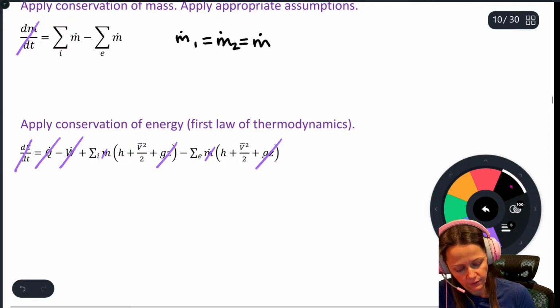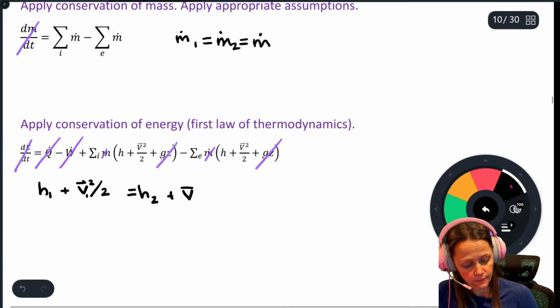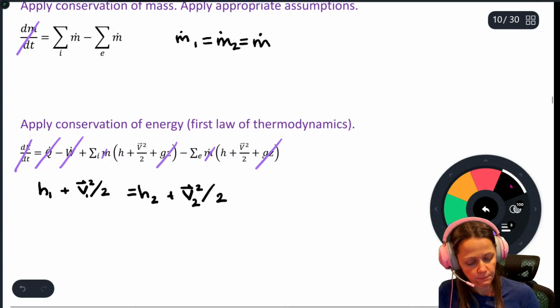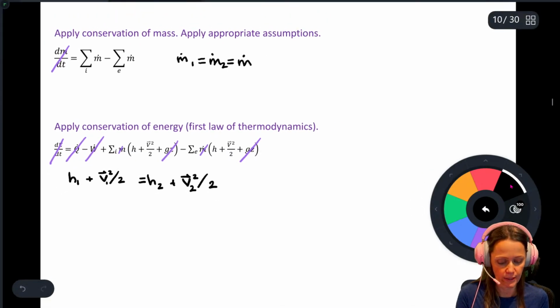So all you're going to have left is H1 plus the kinetic energy at 1, and it's the same thing at the outlet. It's going to be up to you to take that set of assumptions and figure out the governing equation based upon the first law, the conservation of energy. While memorization can get you so far, don't cut yourself short. Make sure that you can derive it yourself and you know why it is the way that it is.